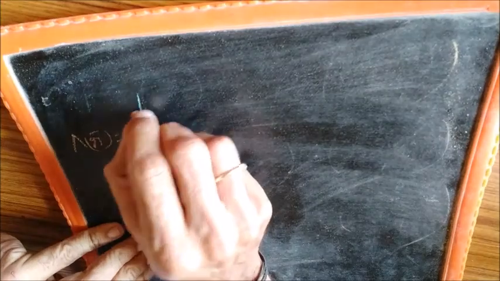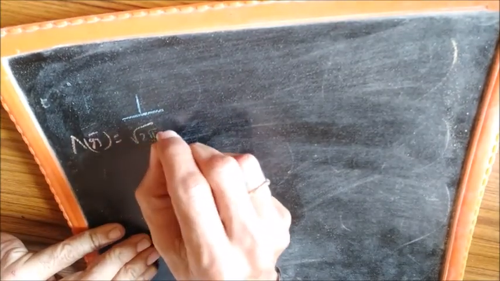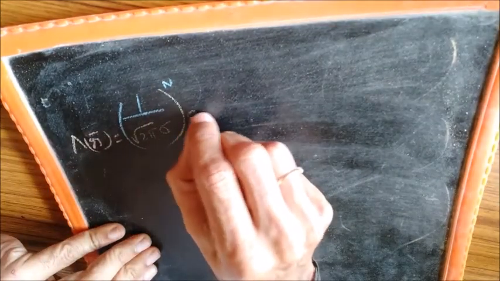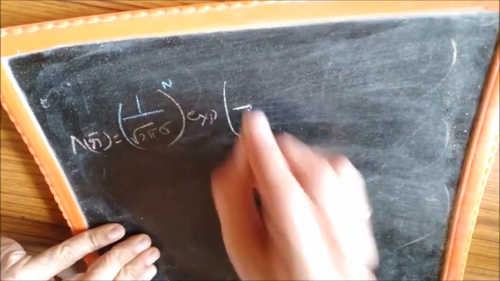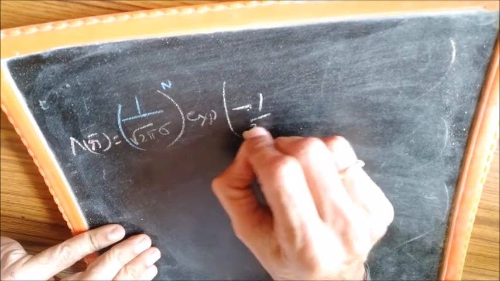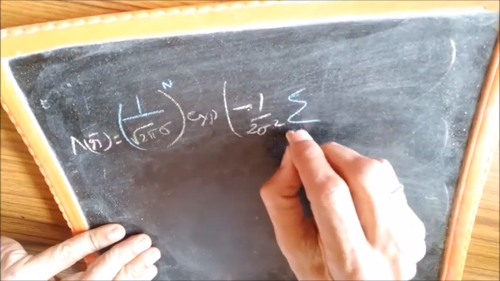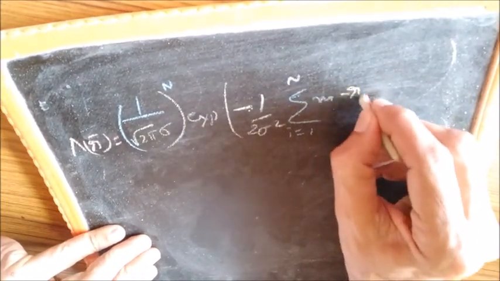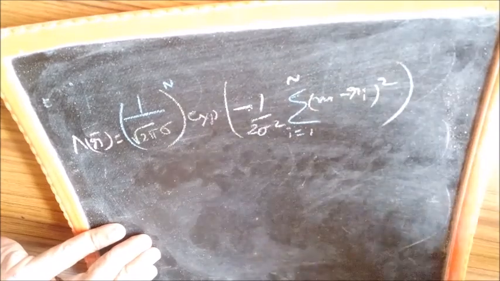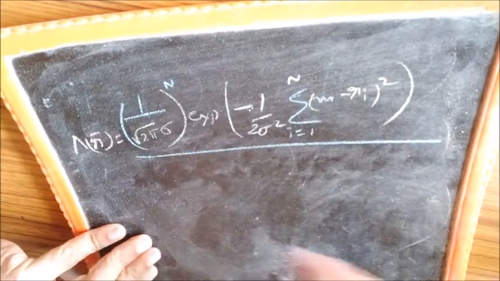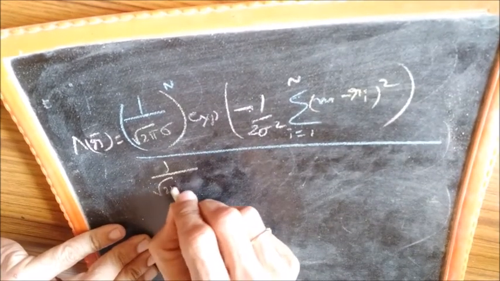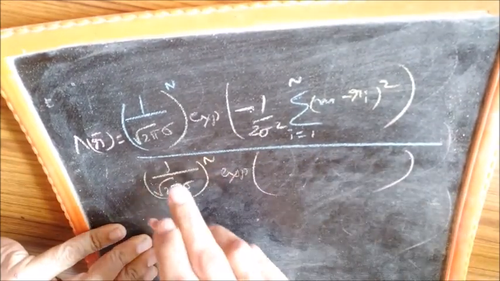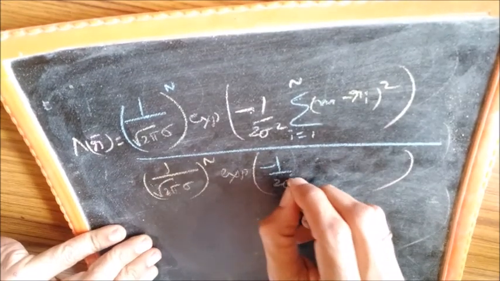And P_R given H1 is 1 by root of 2 pi sigma raised to n, e power minus 1 by 2 sigma square summation i equals 1 to n of (m minus R_i) square, and that is divided by P_R given H0, which is as given here.